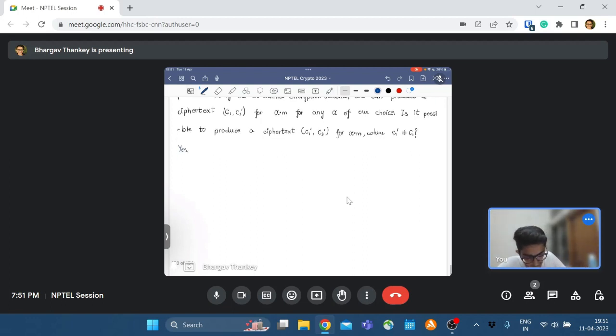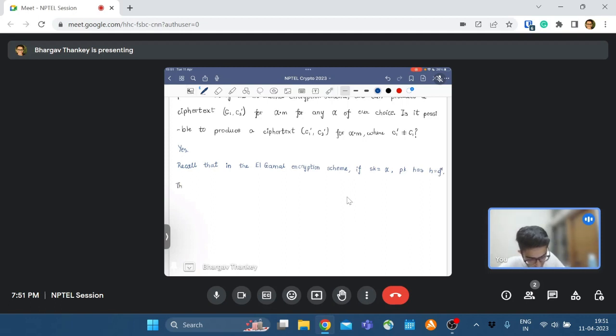And here's how. Recall that in the Elgamal encryption scheme, if the secret key is alpha, the public key is h equals g to the alpha.